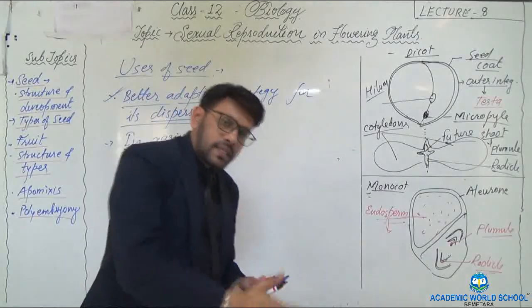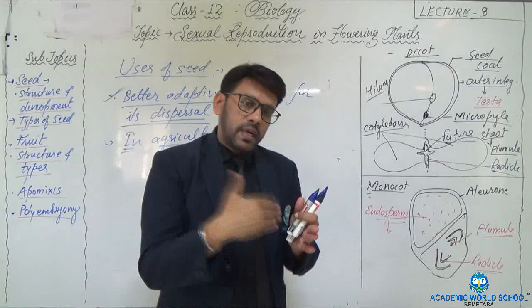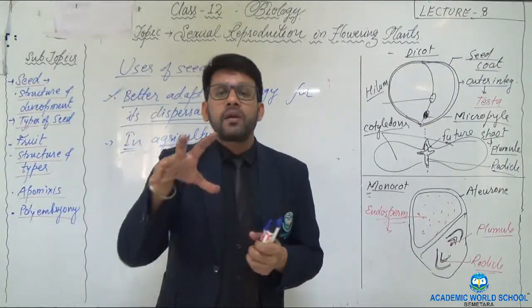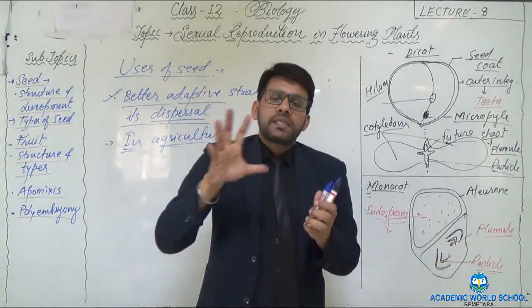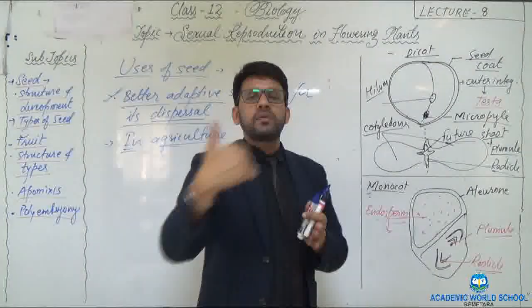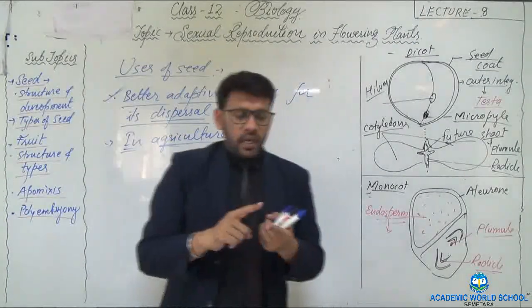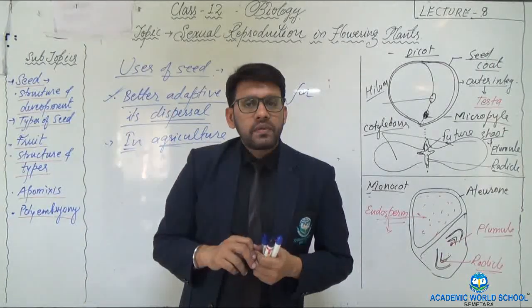Unless these seeds adopt some strategy to transfer from one place to another, they cannot be sown or grown. That's why their design is such that they can transfer easily by some method or other. Sometimes for dispersal, winds are responsible.